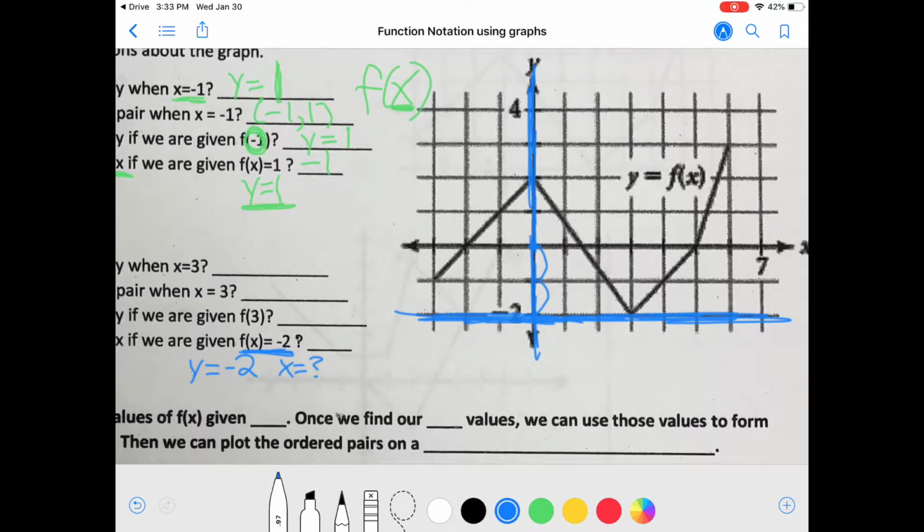Where is my function when y is negative 2? The only spot it's at is right here. And we're asked, what is the x value there? Well, we're going to start at the origin, always, and go over 1, 2, 3. So over 3 will be my x value. So when y is negative 2, my x is positive 3.